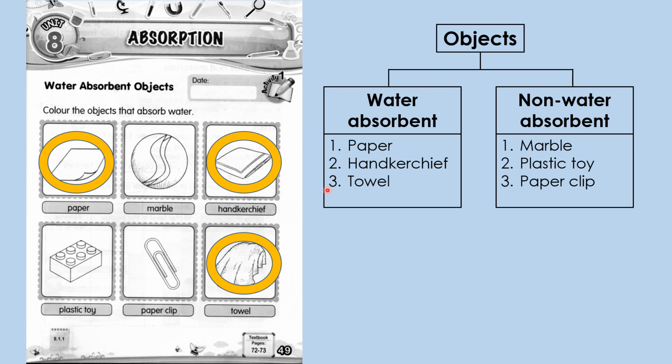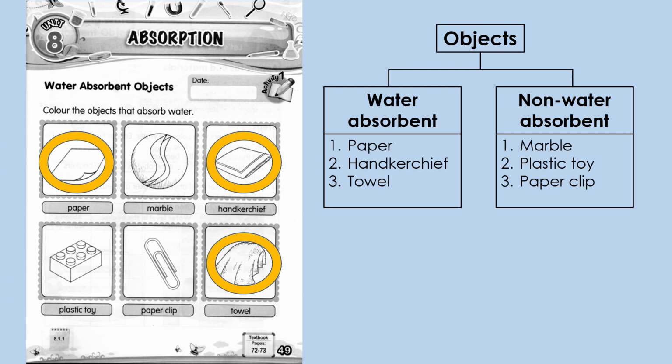In the column under water absorbent objects, you have to write all the water absorbent objects. And in the column under non-water absorbent object, you have to write all the non-water absorbent objects.